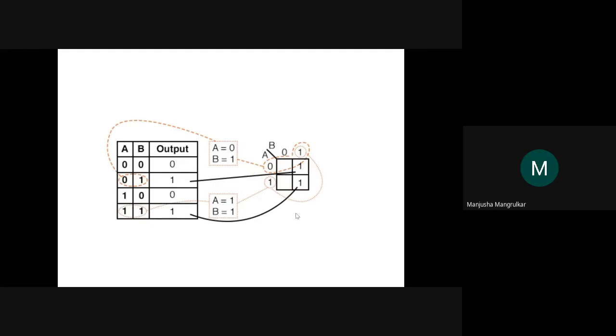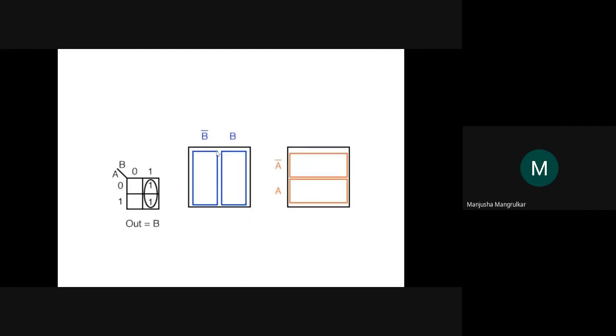So how do we put the values and do the grouping? If this is the group, the answer is only B complement. If this is the group, the output is only B. If this is a group, the output is A complement. If this is a group, the output is only A, because B values are changing here and only A values are constant for both terms.